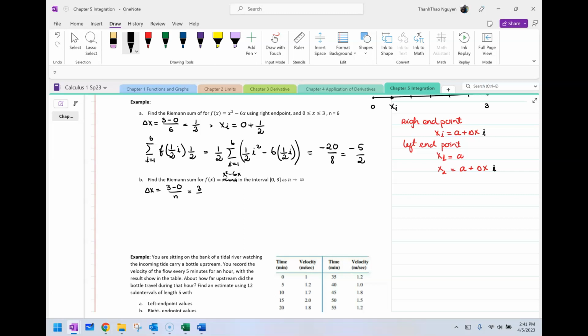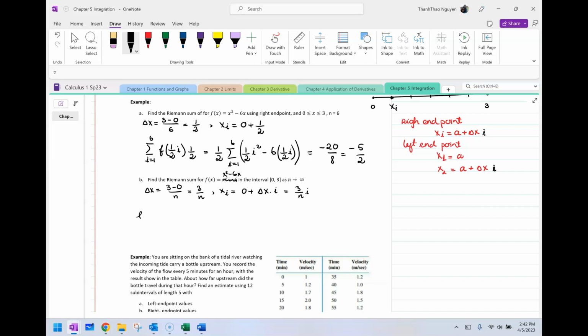That is 3 over n. And because we want to use the right endpoint, this is x sub i equal 0 plus delta x times i, that equal to 3 over n times i.